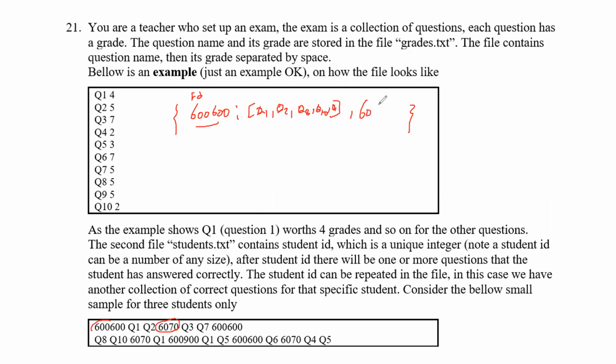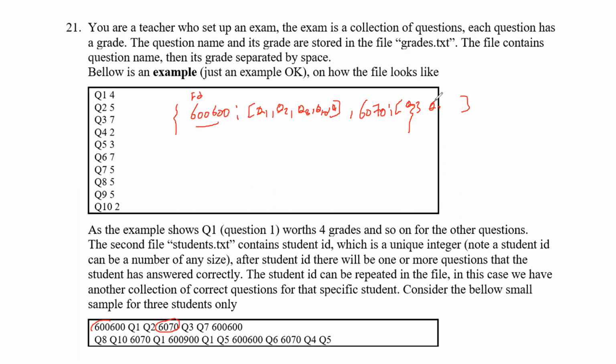It's going to be 6070, and then column, and then another list here. What do I have inside this list? Q3, Q1. You got the idea? That's what I want. So I know now what I want, how to think about it. This is the problem, how to think about it. And if we know how to think about it, then things are going to be easy. So I'm going to work with you now together on how to think about it.